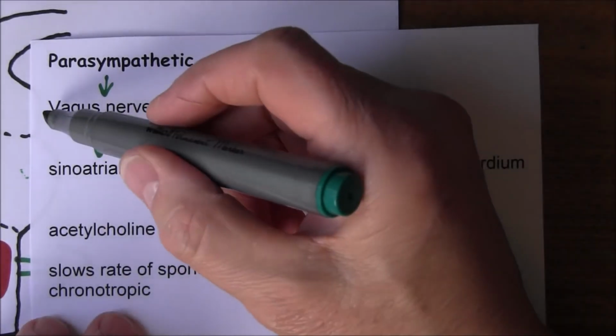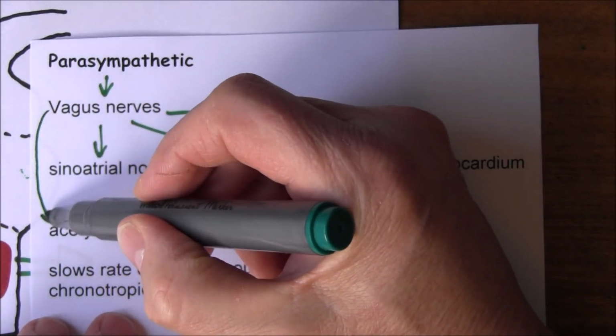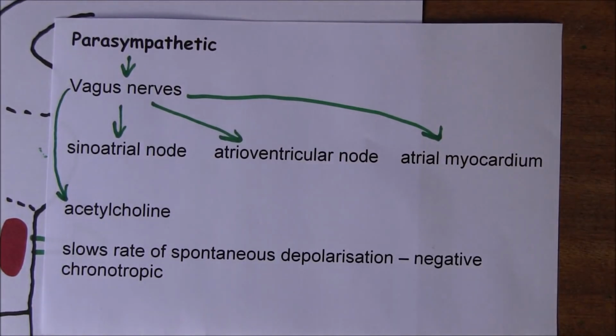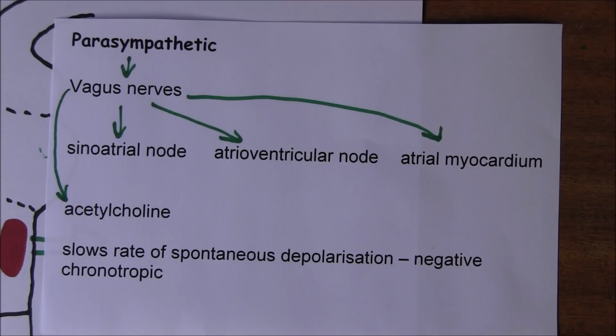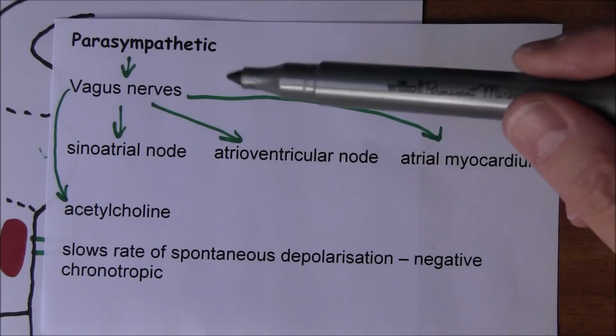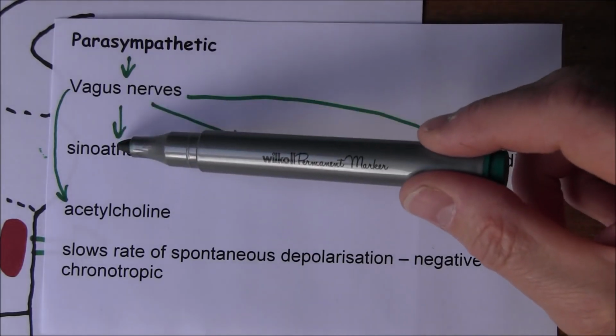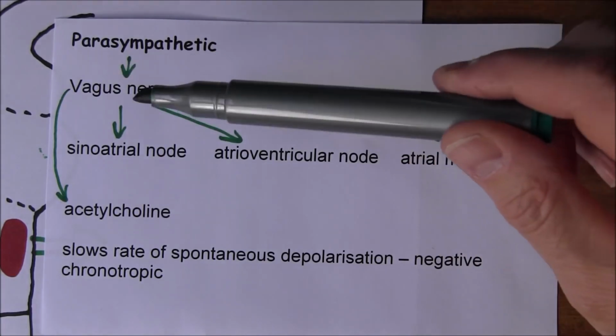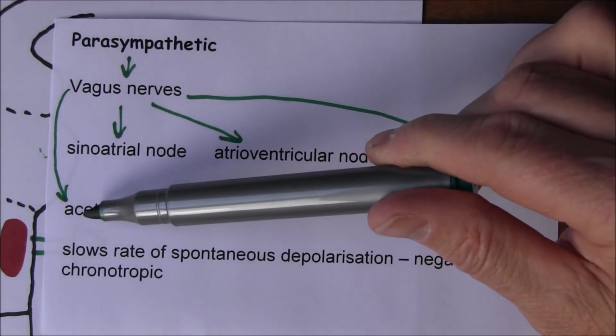The vagus nerve works by releasing acetylcholine. That's the chemical transmitter that the end fibre of the parasympathetic nervous system uses consistently. So parasympathetic stimulation of the sinoatrial node is going to slow it down. The vagus nerve endings are going to release the acetylcholine.